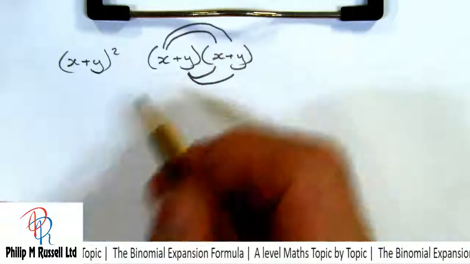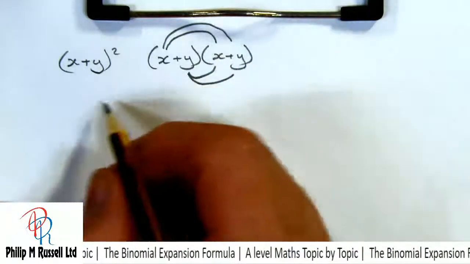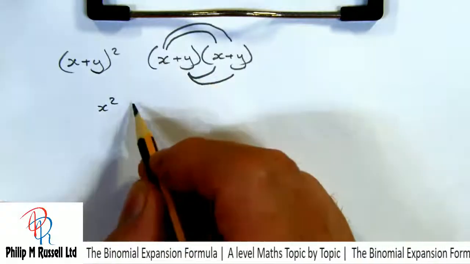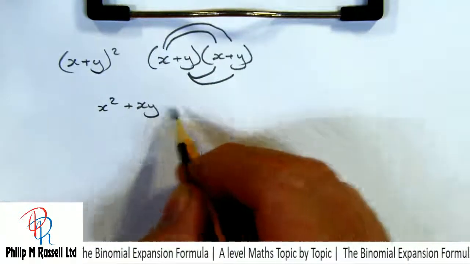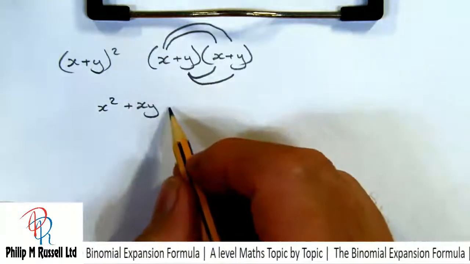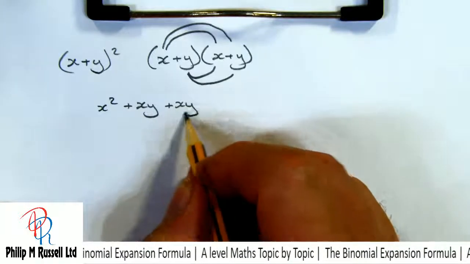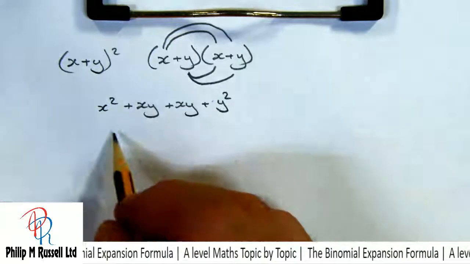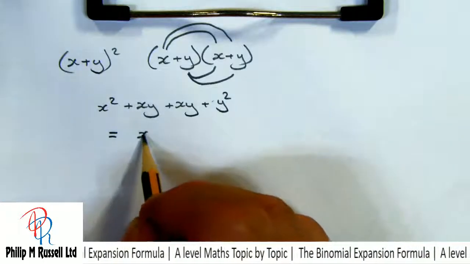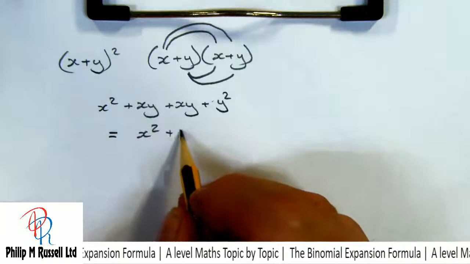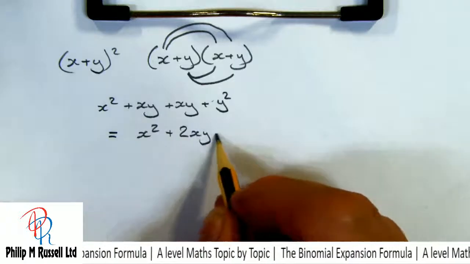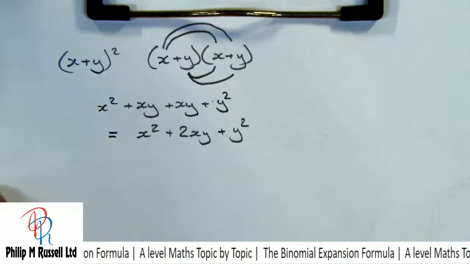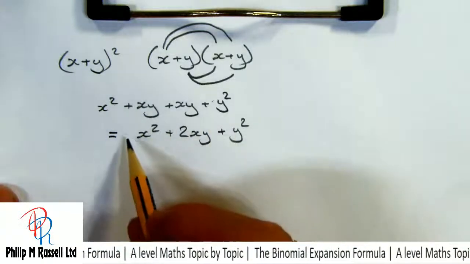We call this the claw, one way of doing it, and this gives us x squared. x times y gives me xy, x times y gives me xy, and y times y, y squared. Collect the like terms, and this gives us x squared plus 2xy plus y squared. Quite easy, GCSE level maths.